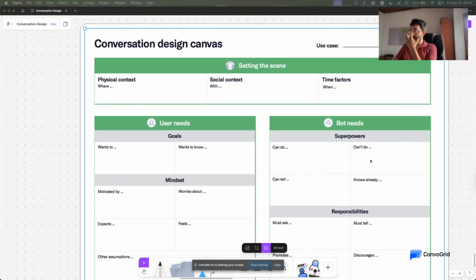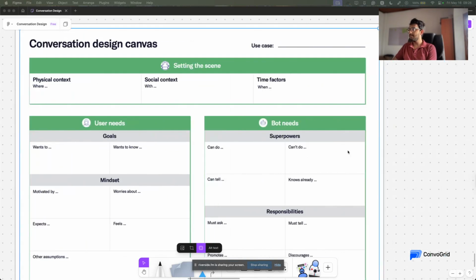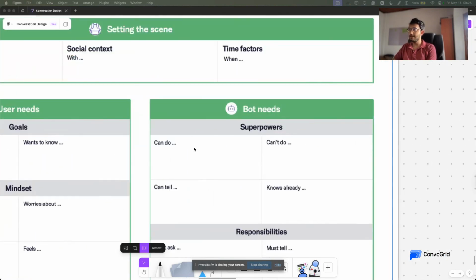And in terms of the bot's needs, we have to think about the bot's superpowers, so what the bot should be able to do. Just because it is an airline reservation bot, a flight booking bot, doesn't mean it can do everything.